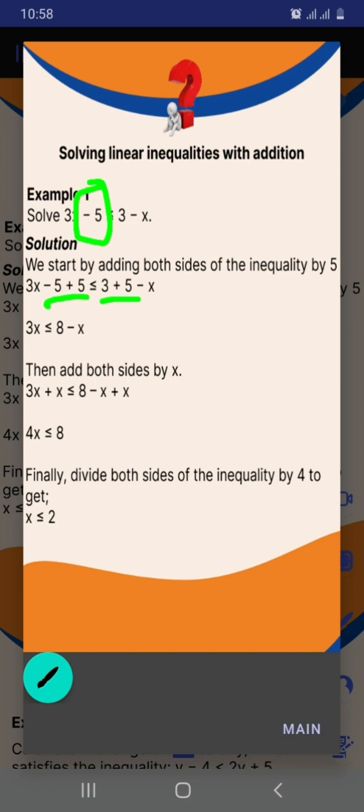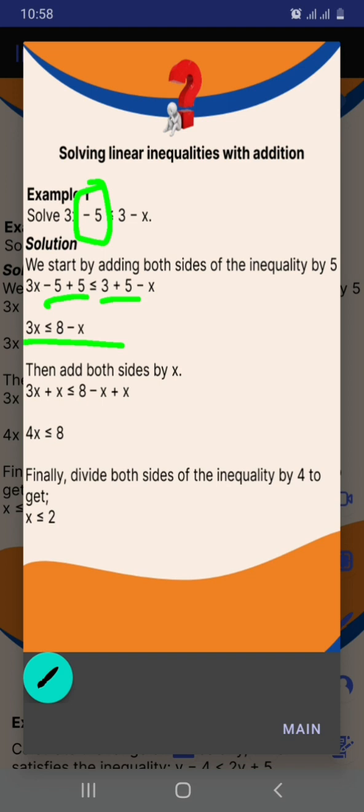Minus 5 plus 5 will definitely give us 0. I'm owing 5 naira. I have 5 naira. Definitely, if I should pay the 5 naira, I'll be left with 0. 3 plus 5 will definitely give us 8. That is, you're going to have 3x less than or equal to 8 minus x.